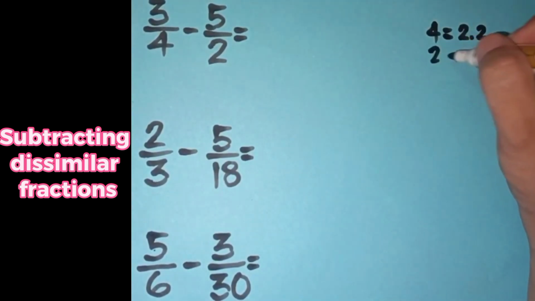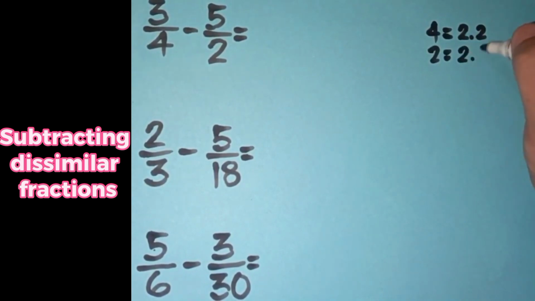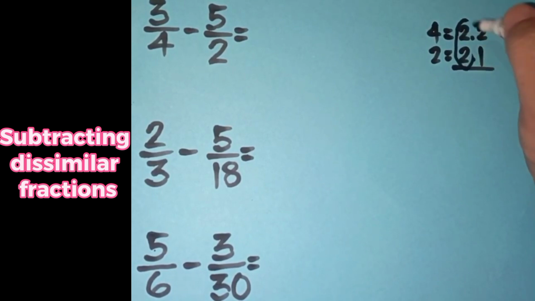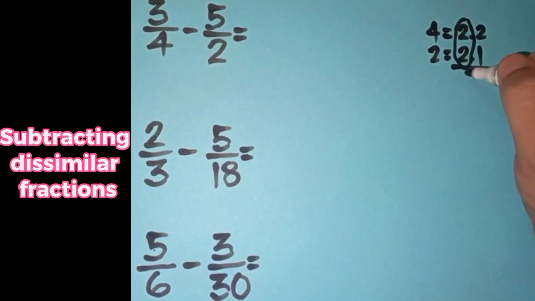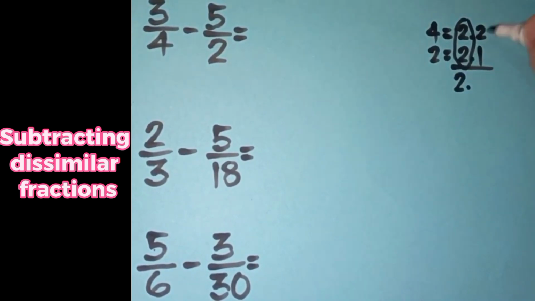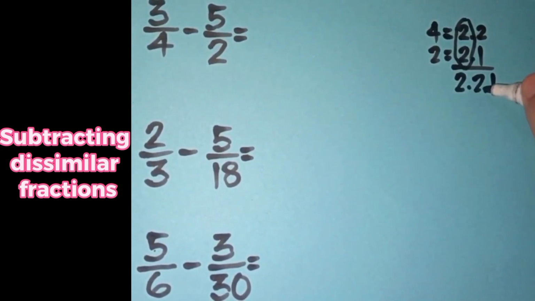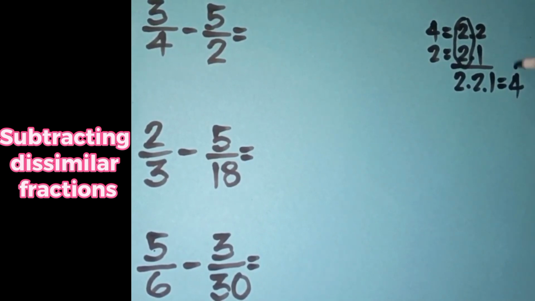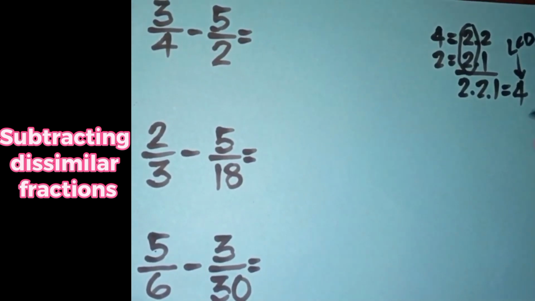And the factors of 2, that is 2 times 1. As we can see, we have here a common factor, which is 2, times the remaining factors 2 and 1. So 2 times 2, that is 4, times 1, that is 4. So 4 is our LCD.